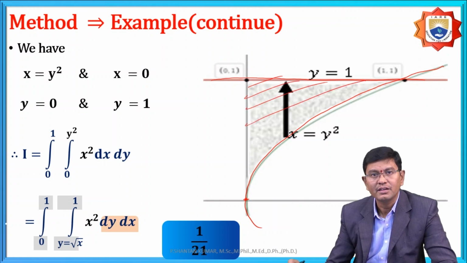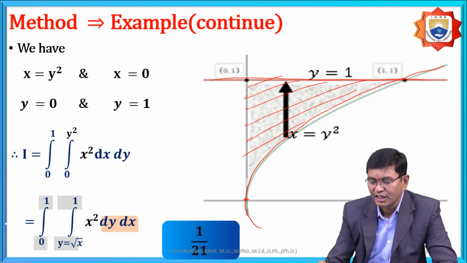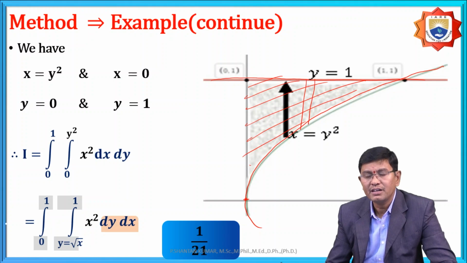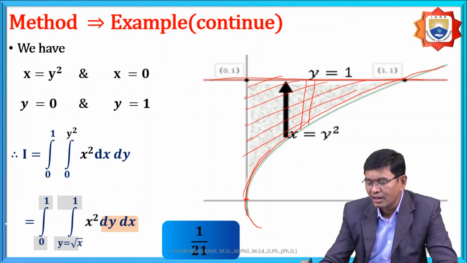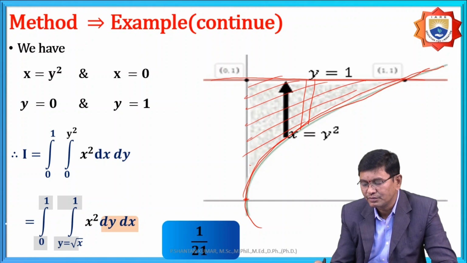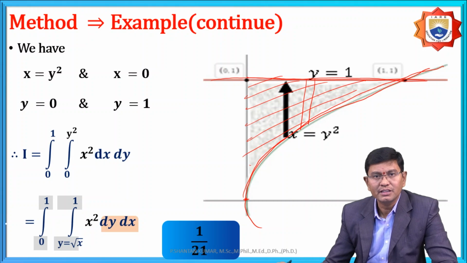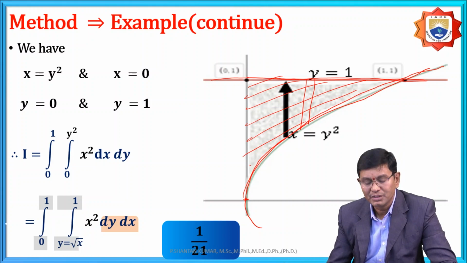In this, the given problem is horizontal, but we need to take the vertical strip. Under this vertical strip, the lower limit is based upon the parabola, x equals y square, and the upper part is y equals 1. The parabola is the lower part, but we need to find y in terms of x.